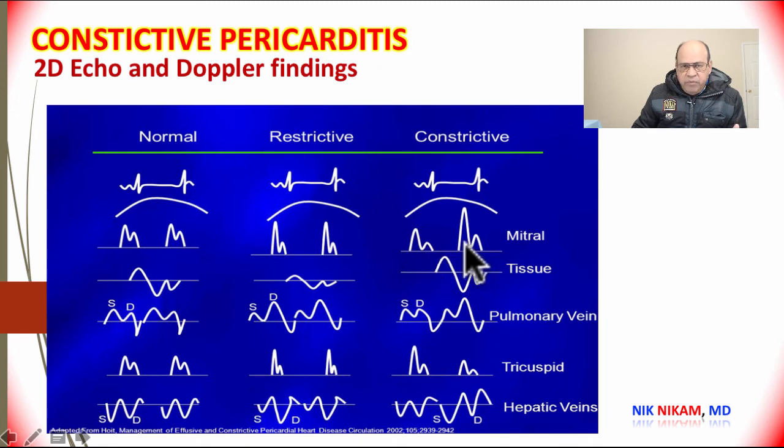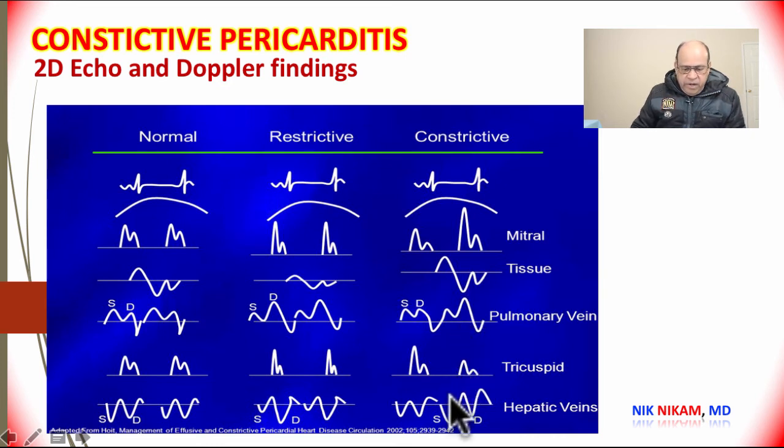This gets more prominent during inspiration as compared to patients with restrictive cardiomyopathy, where there is actually no change during respiratory cycles. Now let's look at tissue Doppler. Tissue Doppler also shows evidence of a prominent E prime, and we'll talk about that in the next slide.